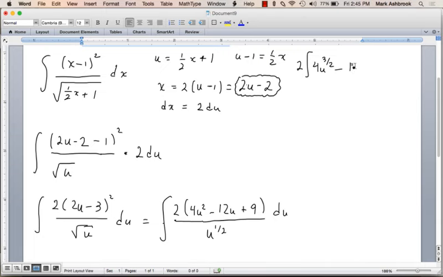Then 12u to the 1 minus a half, and then 9 over u to the 1/2, which is 9u to the negative 1/2.